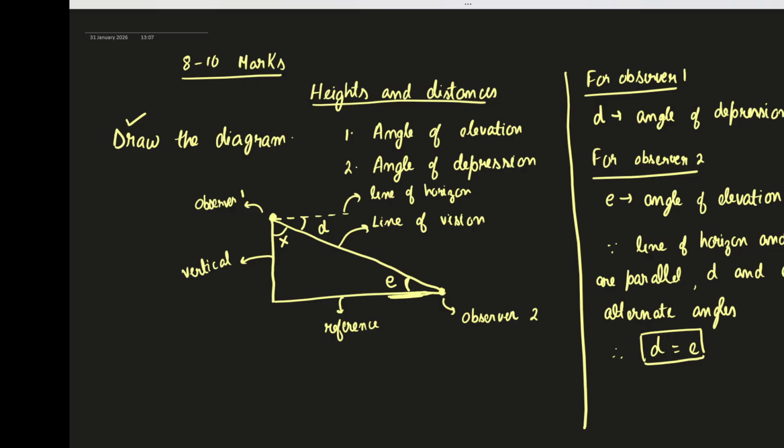I have seen students making the mistake of considering this angle as the angle of elevation, which is absolutely wrong. So kindly avoid these mistakes, and this will help you in figuring out the diagram of any question in heights and distances, because this is where students struggle. I hope I have made this concept clearer to you so that you can score your marks here.